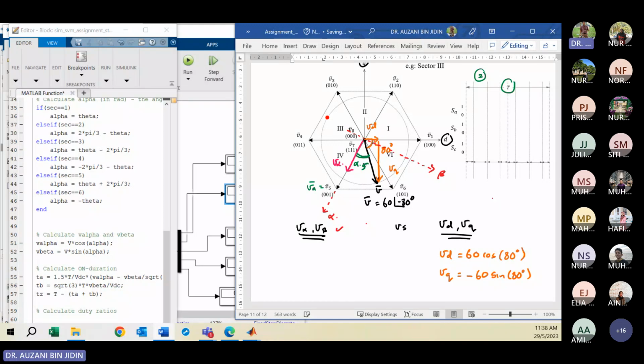And V beta, is it right? You can write the equation of V alpha, where the magnitude is still the same, 60. Here you apply the cosine function, where the term in the bracket is alpha, not theta. For V beta it is 60 sine alpha.